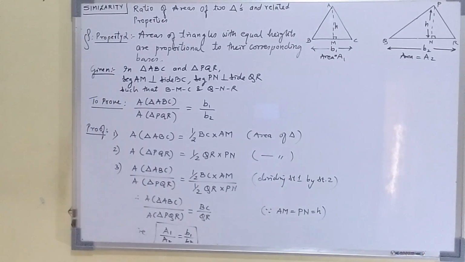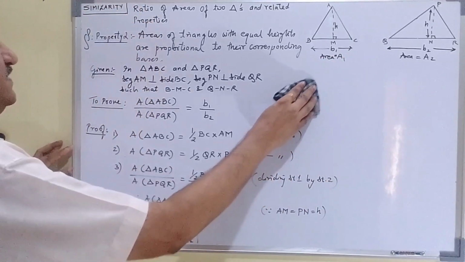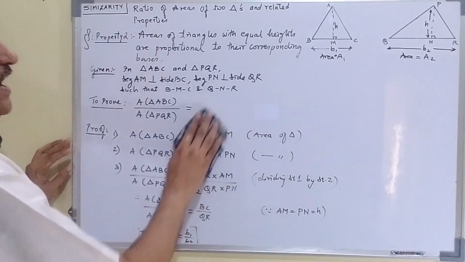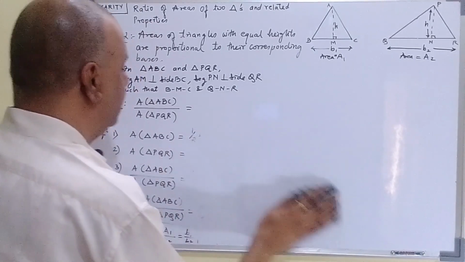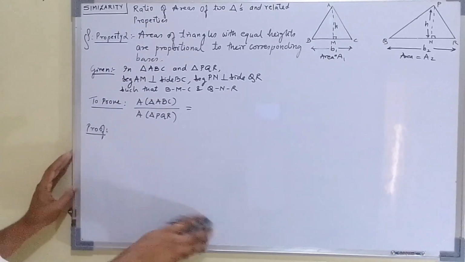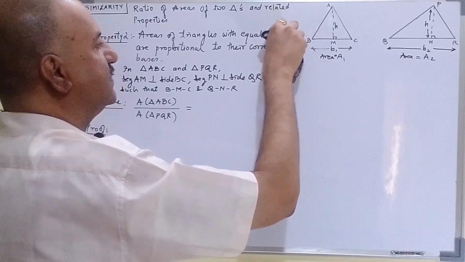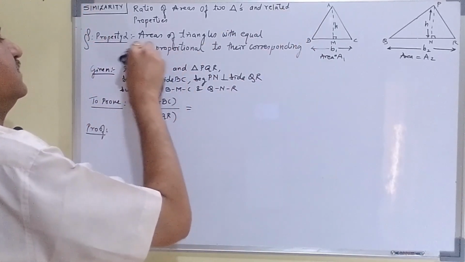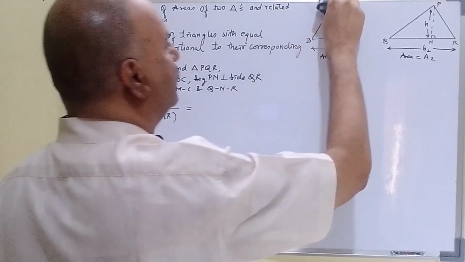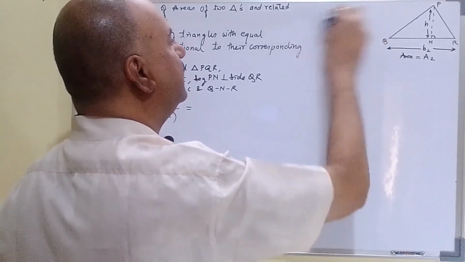You go to the next property. Here the height is going to change. Heights will be unequal. So we'll change the heights and we have to change this figure.